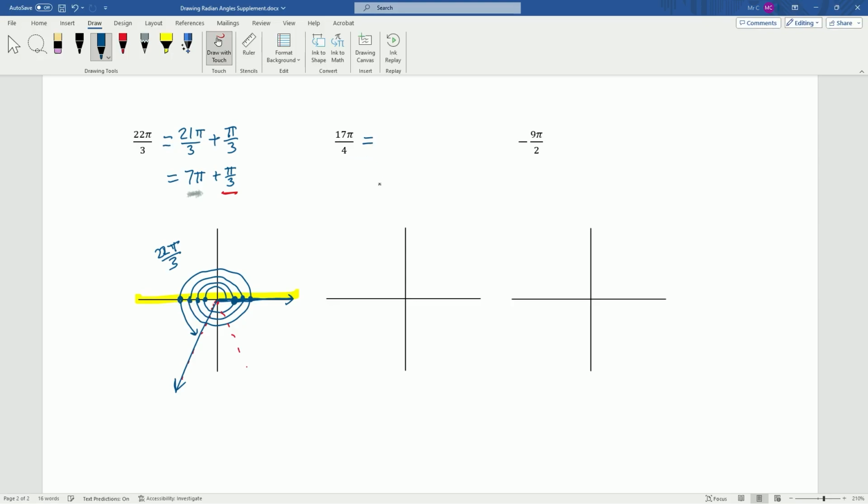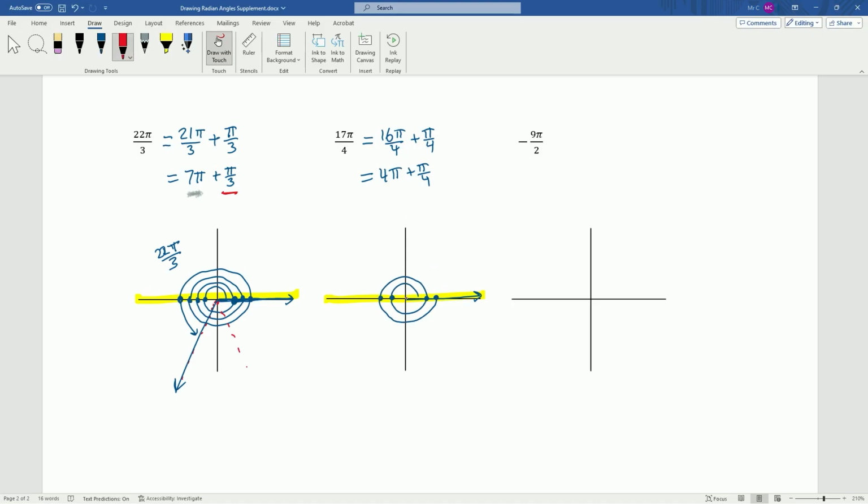Okay, so now 17π over 4. Okay, so I'm going to write that as 16π over 4 plus π over 4. In other words, 4π plus π over 4. So here's our straight angle. This is my initial side. And we go 1π, 2π, 3π, 4π.